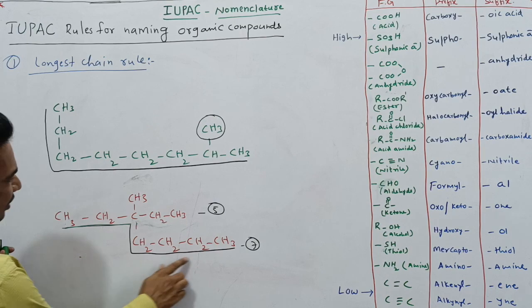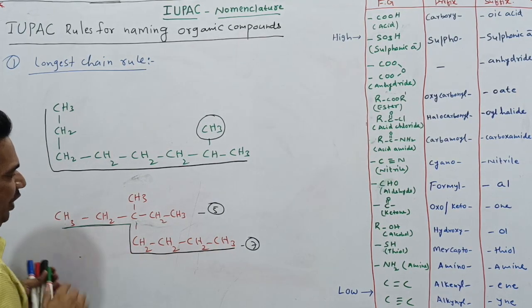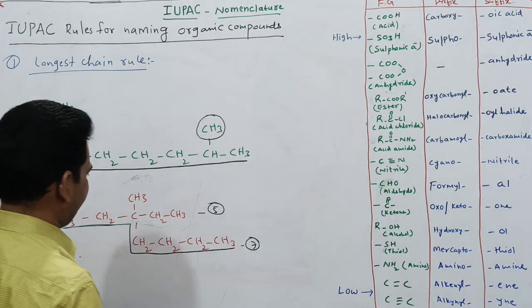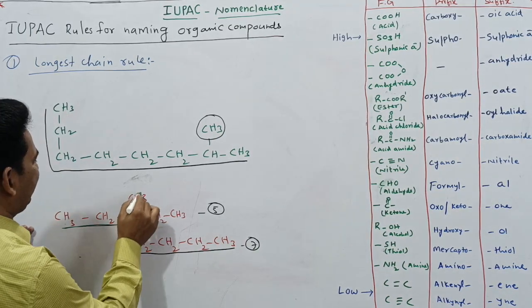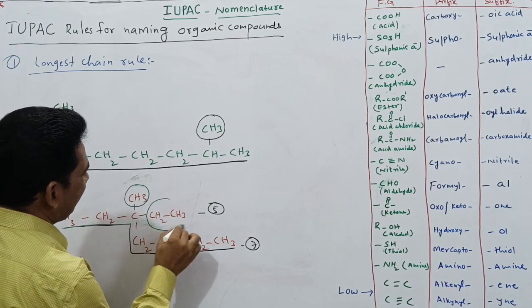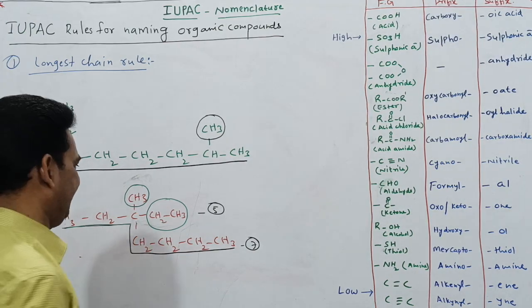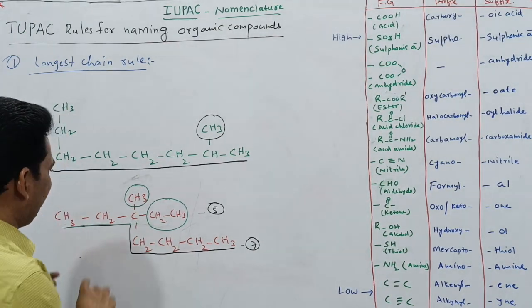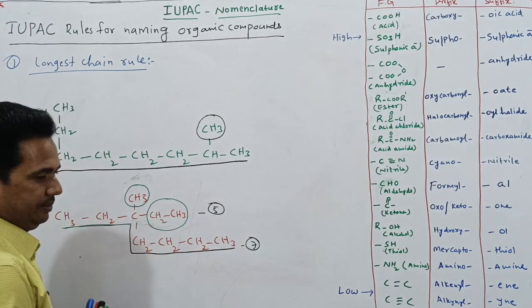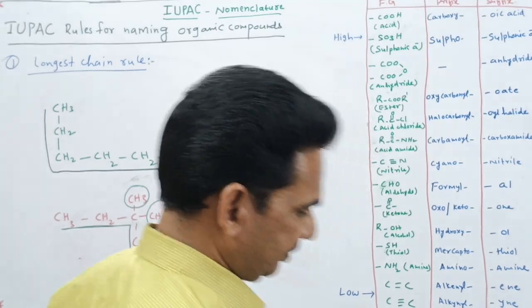This side the length is more. No need for it to be straight; we have to get the more number of carbons. This one we select as a substituent. This is one substituent, and this is another substituent. Two substituents are present on this chain, but the main chain has 7 carbons. In this way we have to select the longest chain.